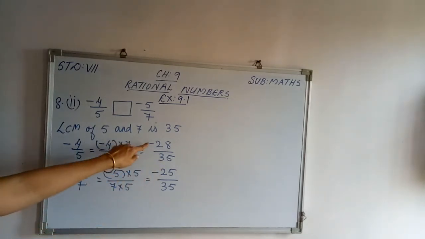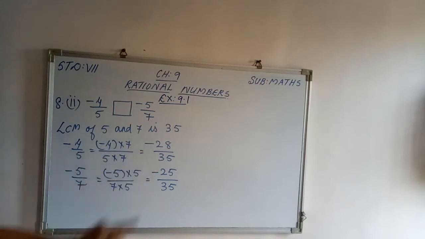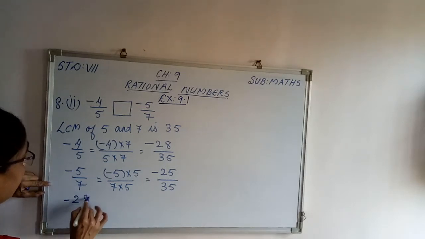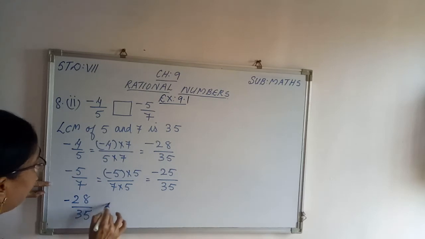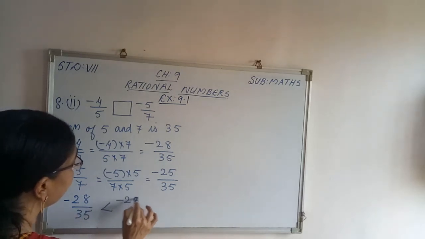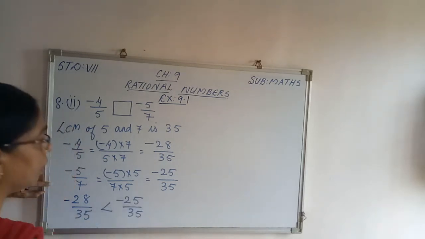You just compare the numerator, minus 28 and minus 25. Which is greater? Minus 25 is greater. That means minus 28 is less than minus 25. So we can write minus 28 upon 35 less than minus 25 upon 35.